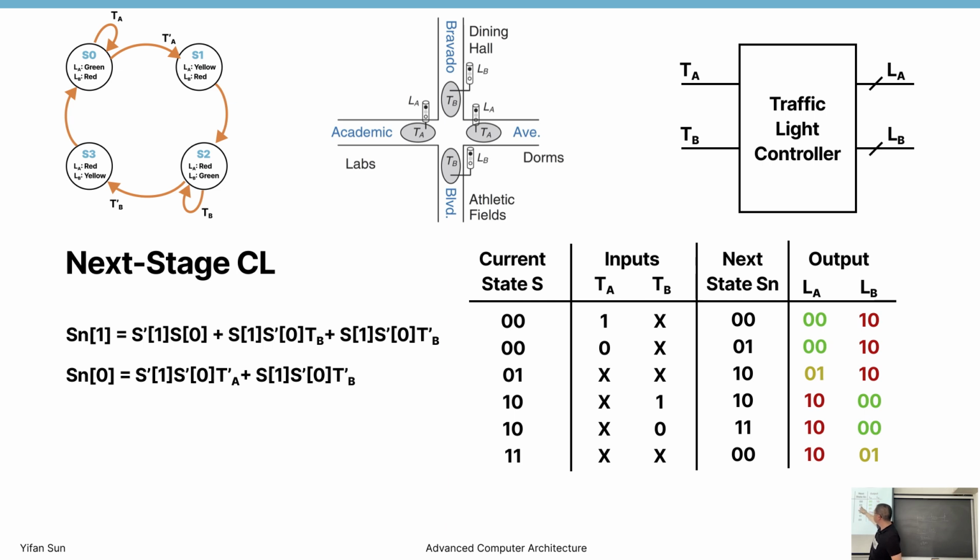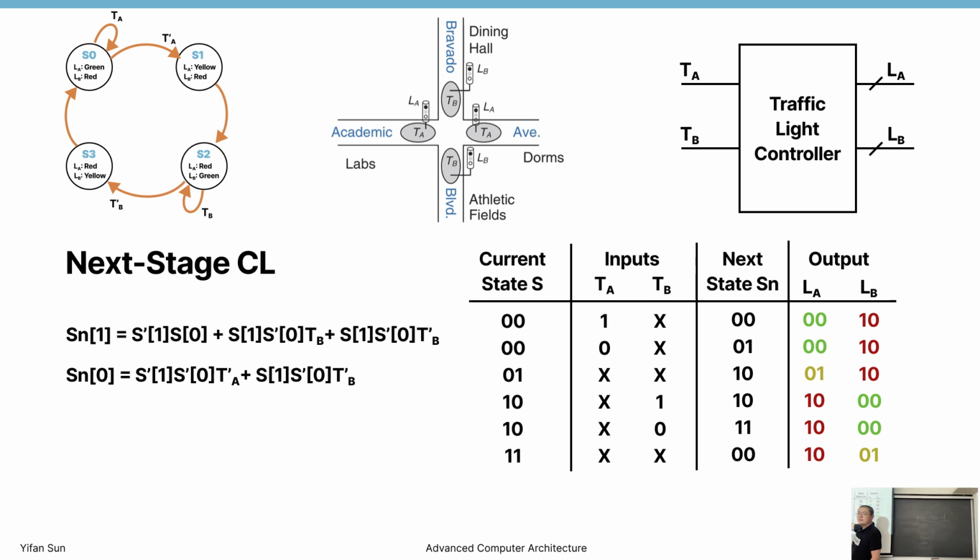So here, let's look at Sn0. Okay, this is Sn1, this is Sn0, and current state is S1 S0. How many ones do we have? I have 2 ones, right? 2 ones here, so we have 2 minterms. And then look at the input, we have S1 prime, S0 prime, and TA prime, right?